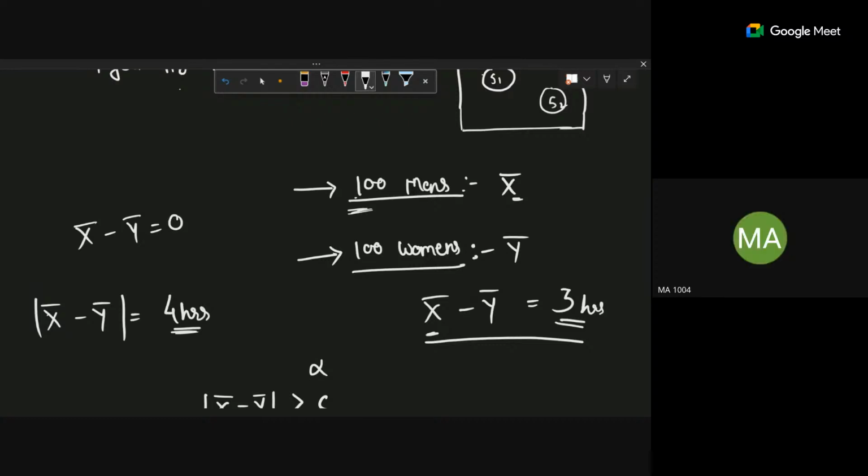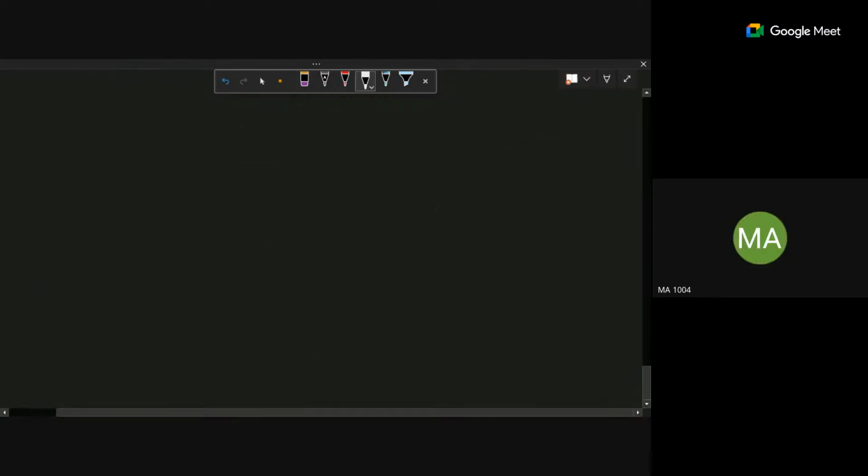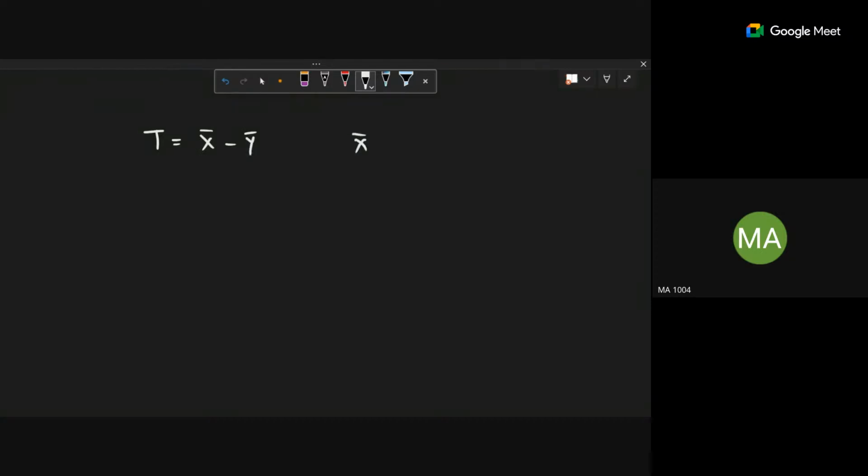Yes, ma'am. So now, according to the two-sample test, what should we do? We said that our test statistic is x bar minus y bar, and we know that x bar and y bar follow normal distributions, right? Let's say x bar follows a normal distribution with mean mu1 and variance 8 square, and y bar follows a normal distribution with mean, let's say, mu2 and variance 10 square.